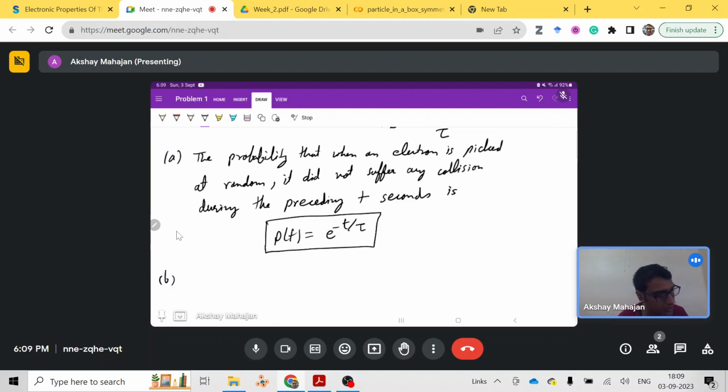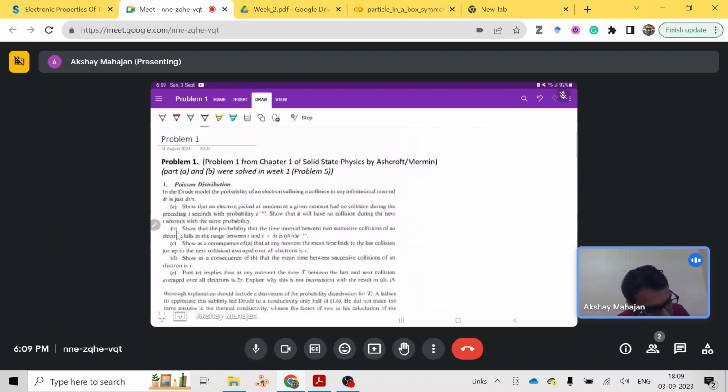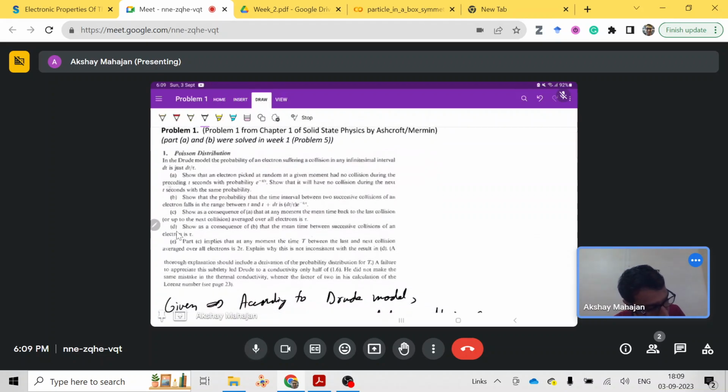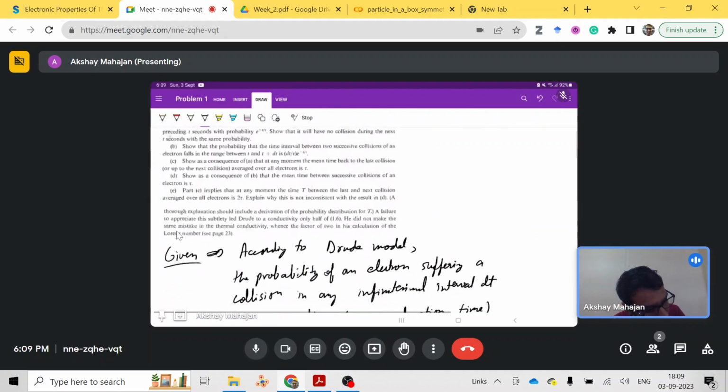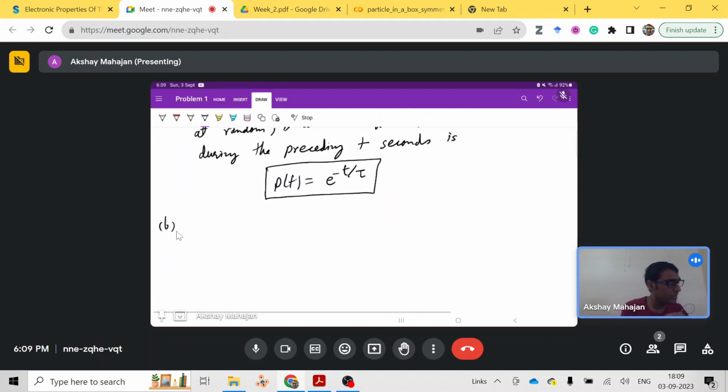And from part B, we had to show that the probability that the time interval between two successive collisions of an electron falls in the range between t and t plus dt is given by the probability that we had shown.